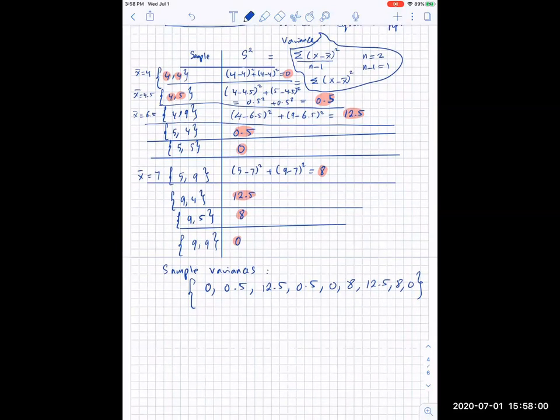Now, what if I take the average, the mean of these variances? I'm going to add them: 0 plus 0.5 plus 12.5, and then divide by 9.